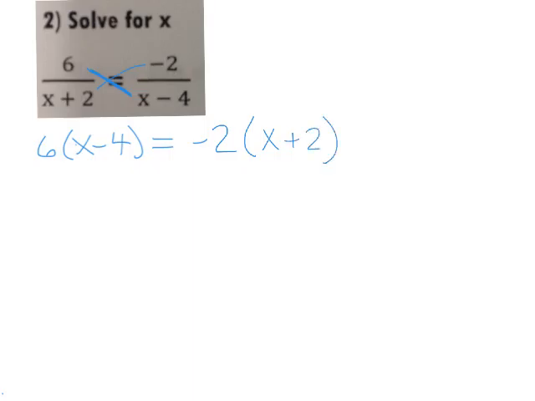So we're using cross products here, and that is enabling us to get those variables out of the denominator of the problem. And now this is just a simple equation to solve that contains parentheses.